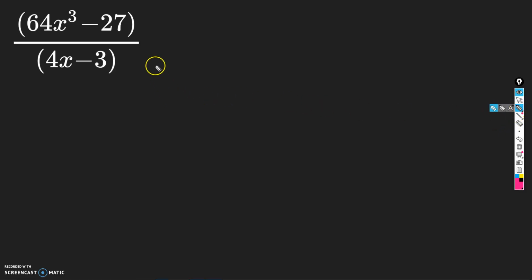Okay, last example, just an x cubed term here and a number divided by 4x minus 3. So there's a little more in our factor here. So this is going to equal something. 4x minus 3 goes on the outside because that's the divisor.